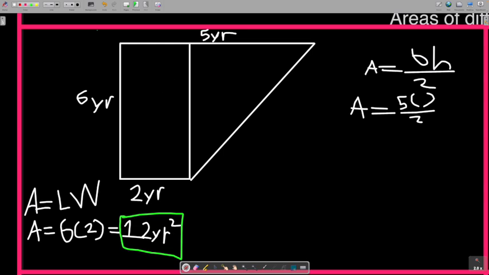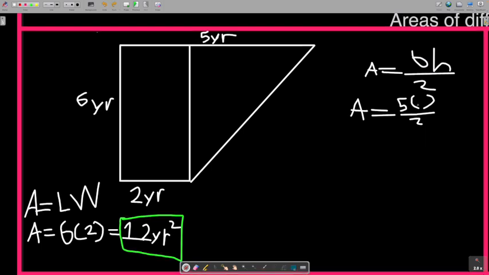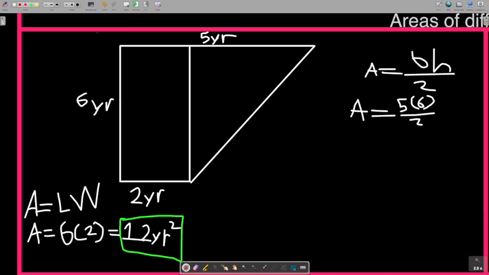Now this is the side we want to measure. Now this is 6 yards, which means this is also 6 yards. So the height is 6 yards. And 5 times 6 is 30 over 2. And then 30 over 2 is equal to 15 yards squared.